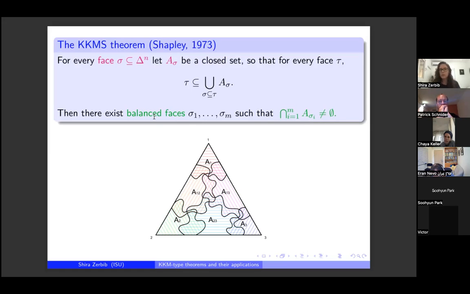So what does it mean to be balanced? Informally speaking, it means that we can find weights on these faces such that every vertex is represented with the same weight.